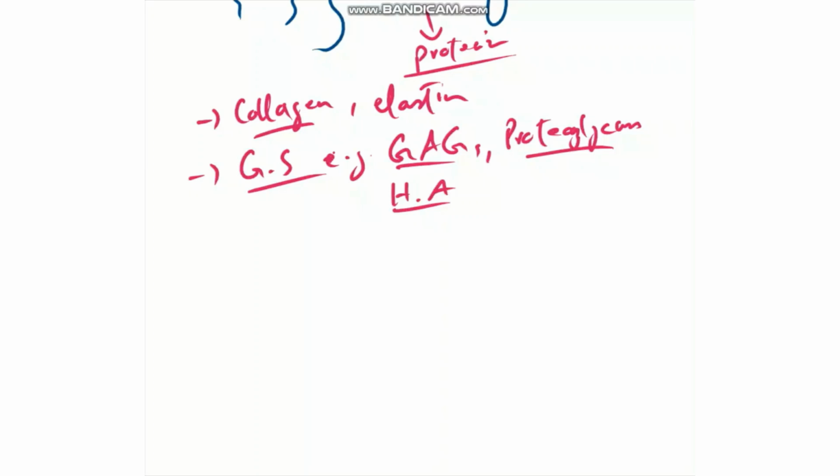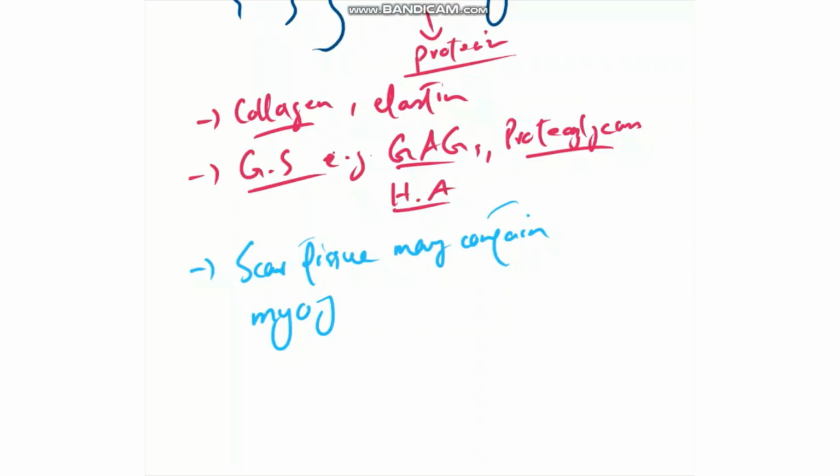For example, when there is a wound and the wound is healing, then at the site of the scar tissue, you'd see that some of the fibroblasts may differentiate into myofibroblasts, and they would promote the contraction of that scar tissue. So scar tissue may contain myofibroblasts.